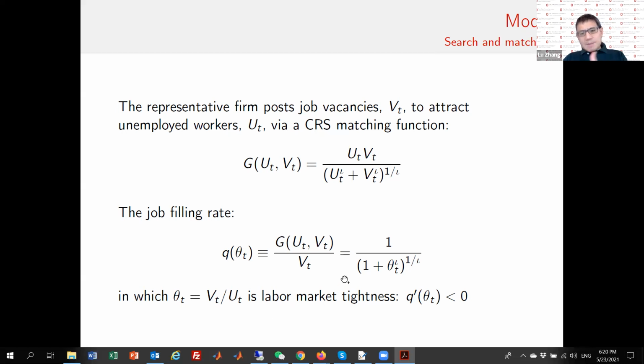The job filling rate is given by q of theta t, and q is naturally between 0 and 1 without any restrictions. If we were using a Cobb-Douglas matching function, for example, we would have to manually ensure that the job finding and job filling rates are between 0 and 1. And that's going to be computationally awkward.